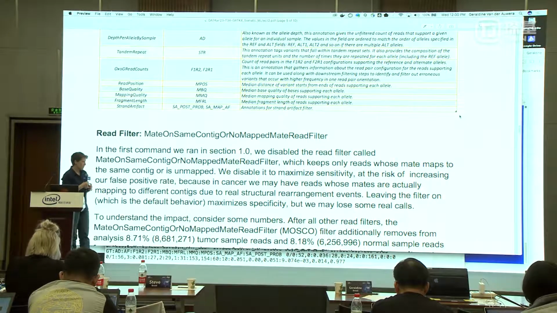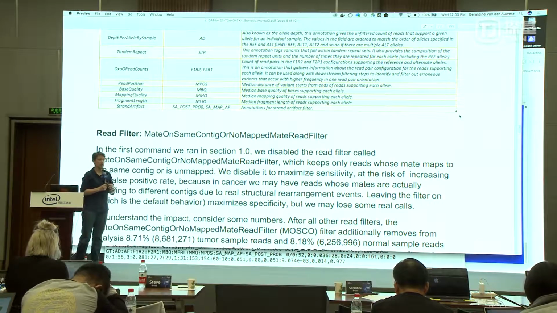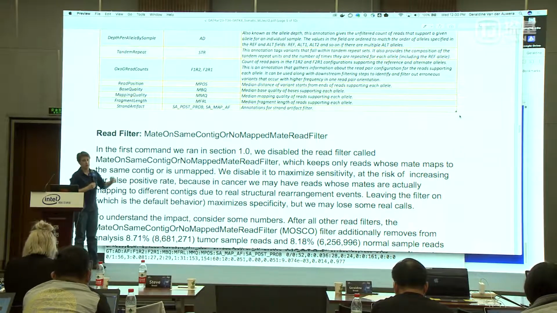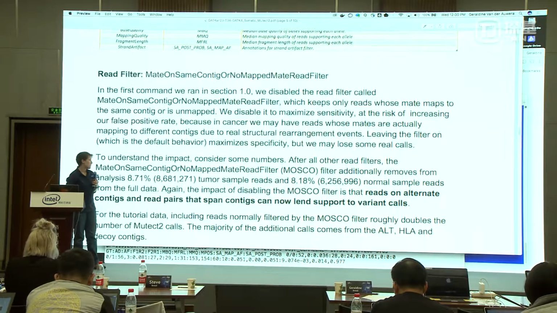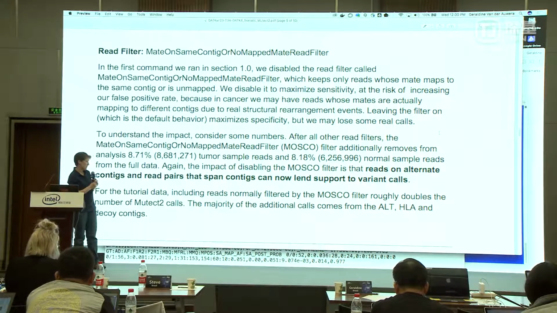So there's some discussion as to whether we should, in fact, not filter those reads out, but maybe filter things out in post-processing. Again, somebody on my team has done some analysis that suggests we should probably revise that in some way.